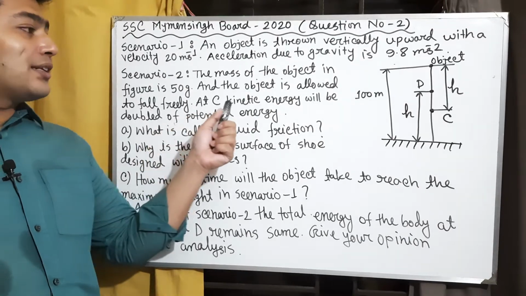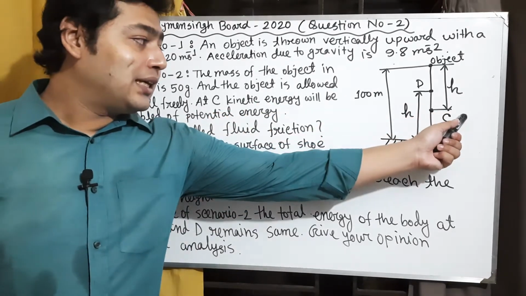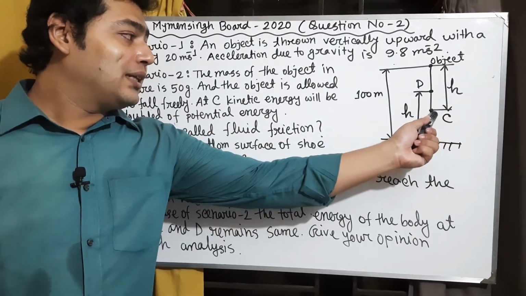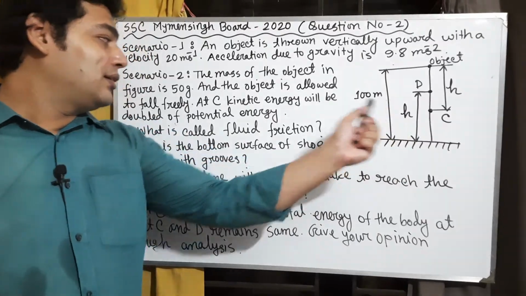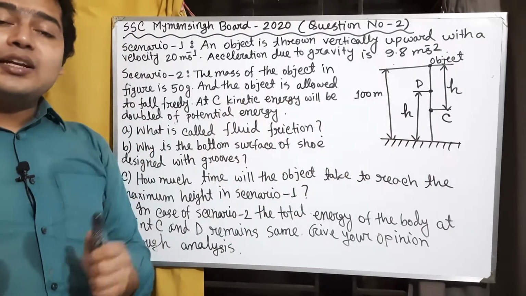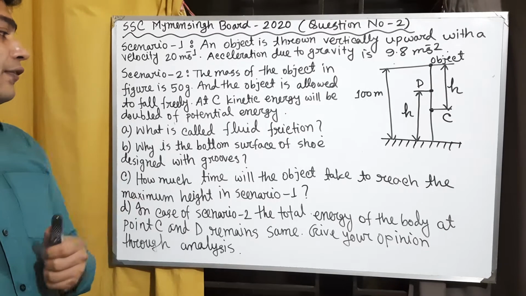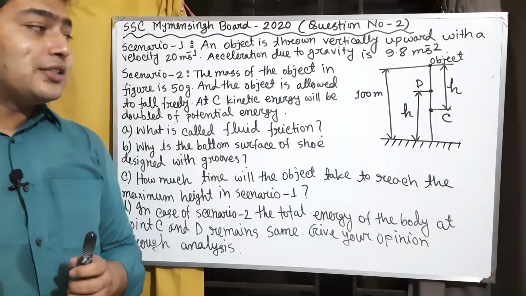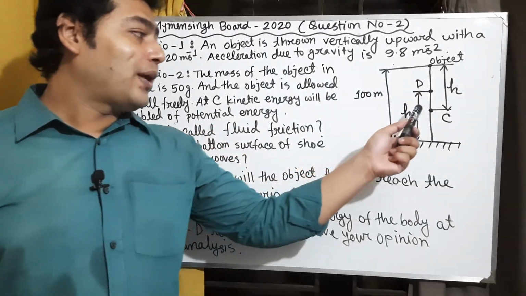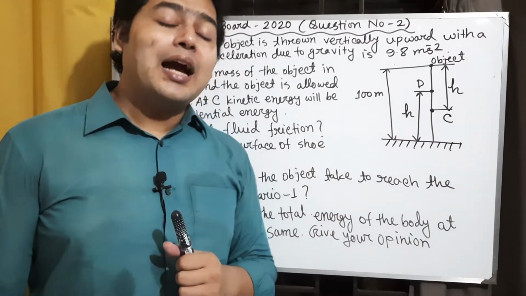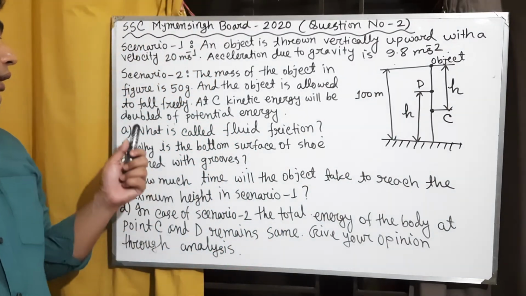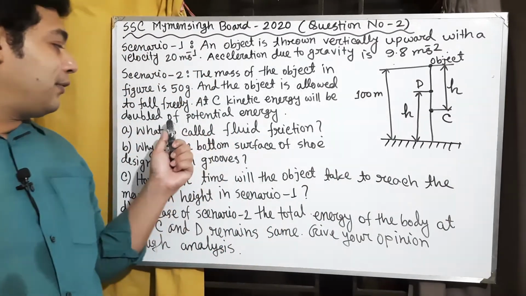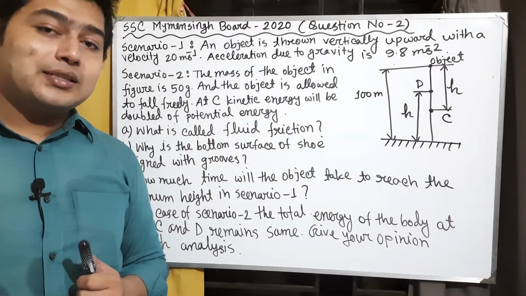At point C, this is our point C, the kinetic energy will be double the potential energy.